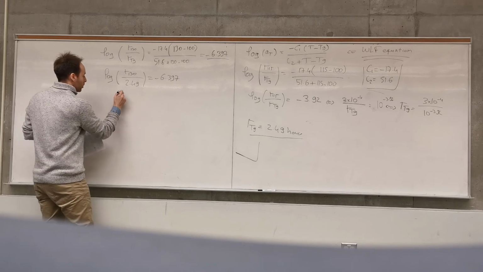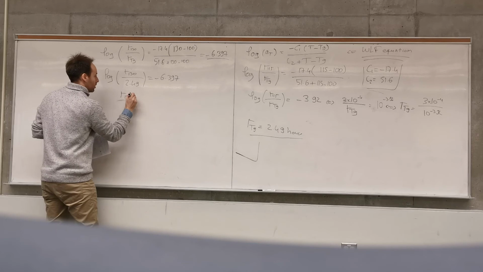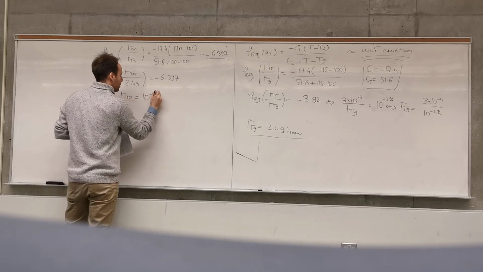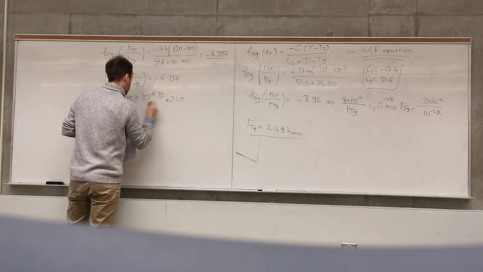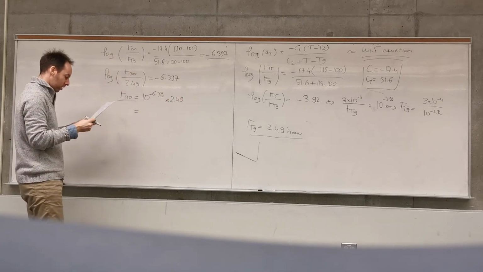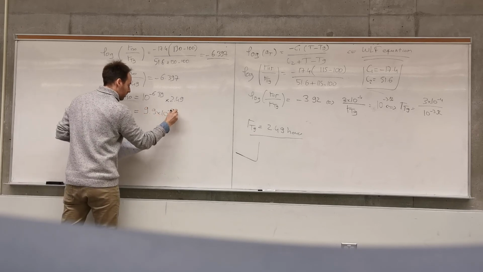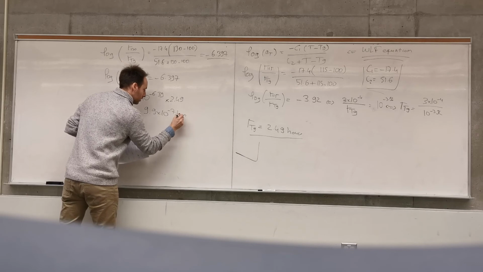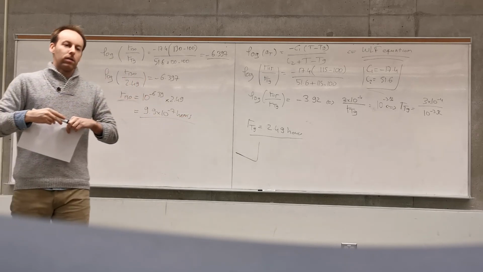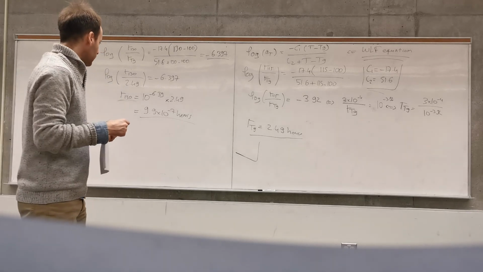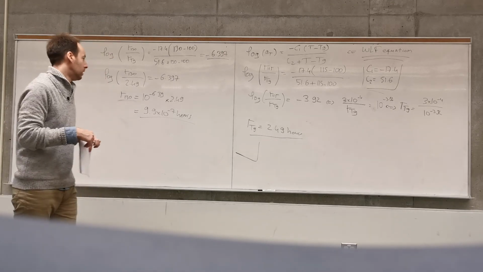So we do the same thing as what we did before, and we get a value of 9.9 times 10 power minus 7 hours.